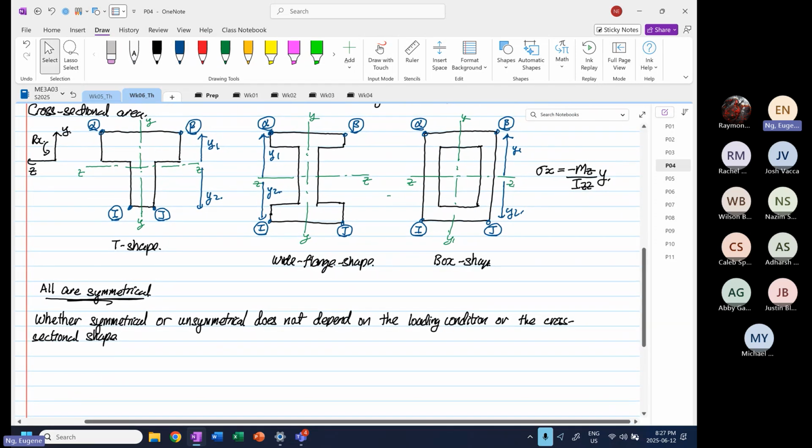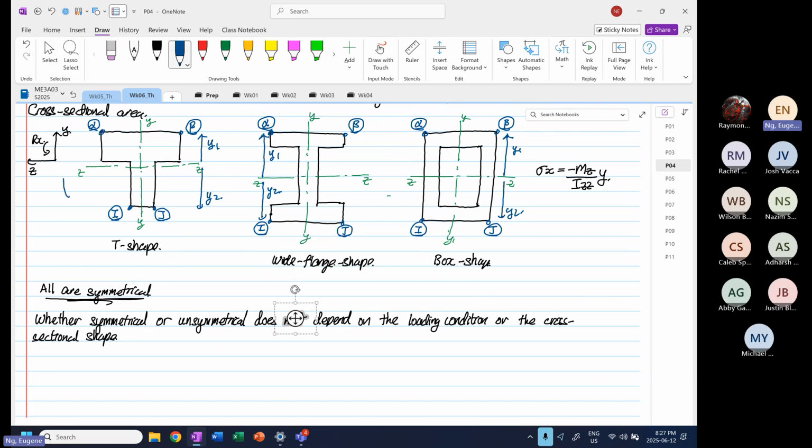If we were to take any of them, we're going to make the assumption that the moment about z is in this direction. All of them have moment about z in this direction.